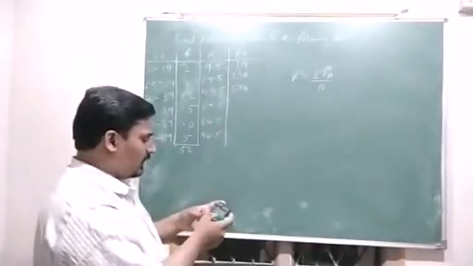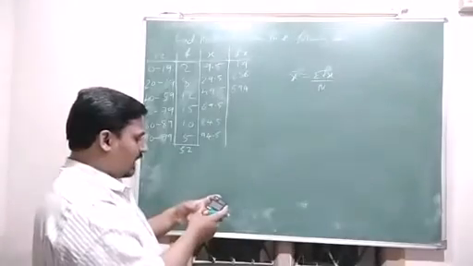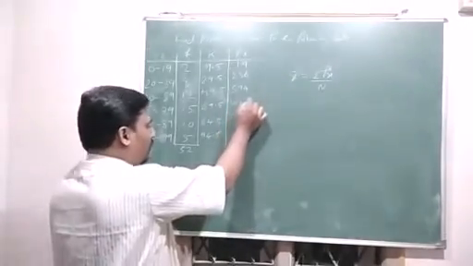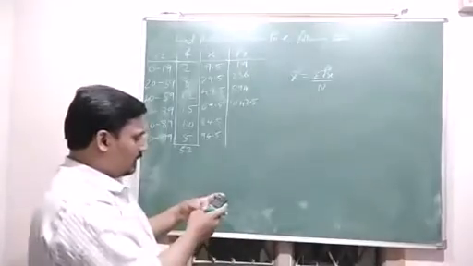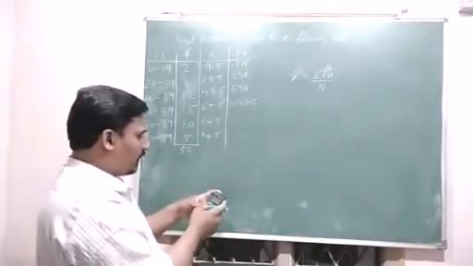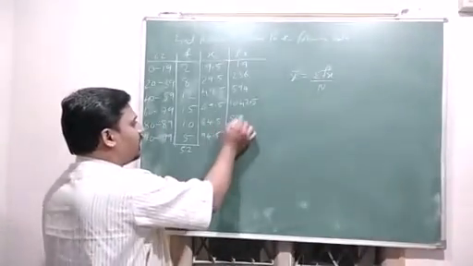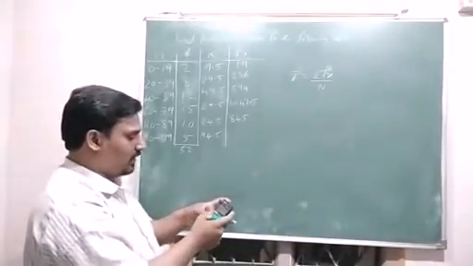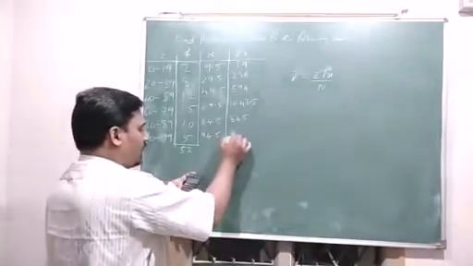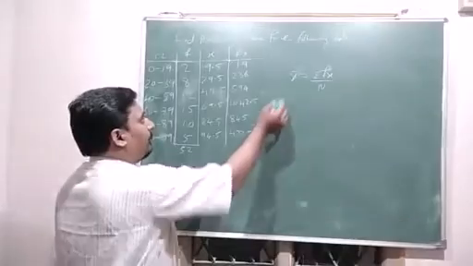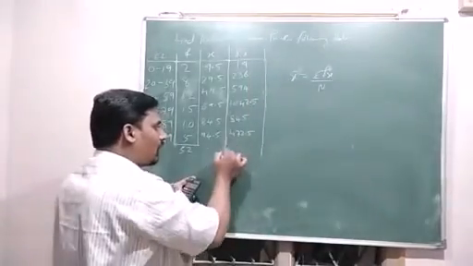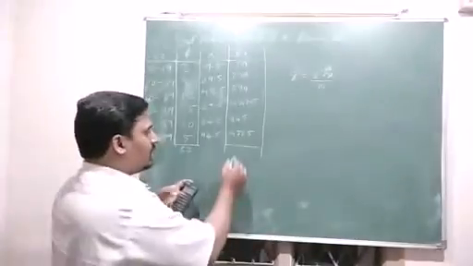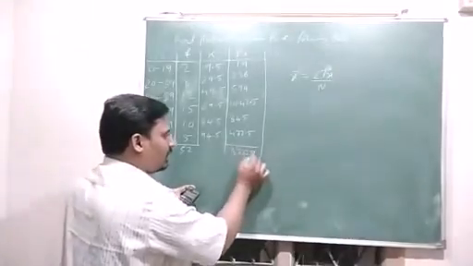Then 15 into 69.5, that is 1042.5. Then 10 into 84.5, 845. And last 5 into 94.5, we get 472.5. So the total of the fx column is 3209.